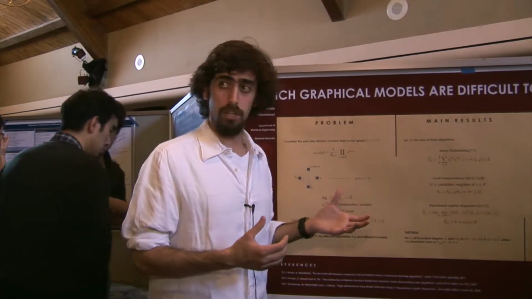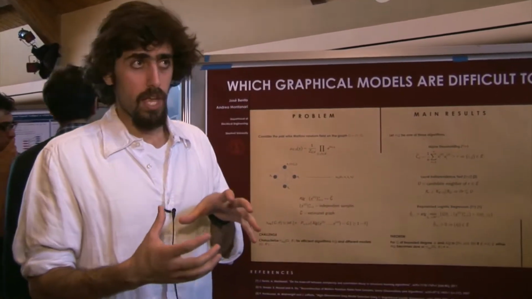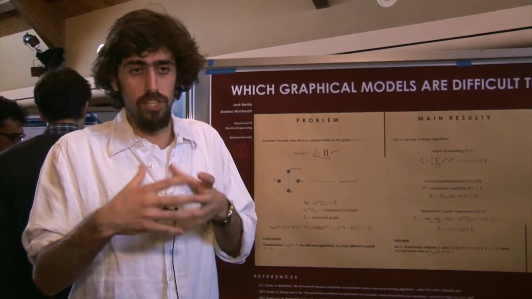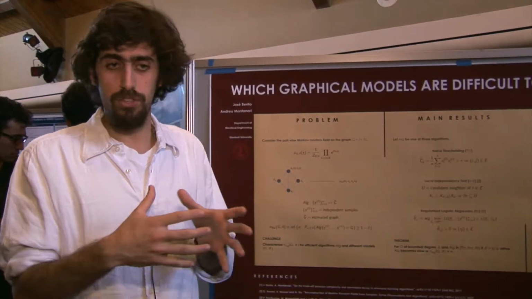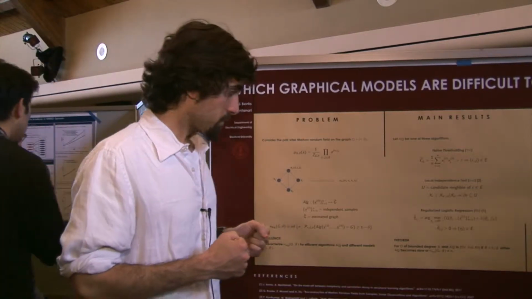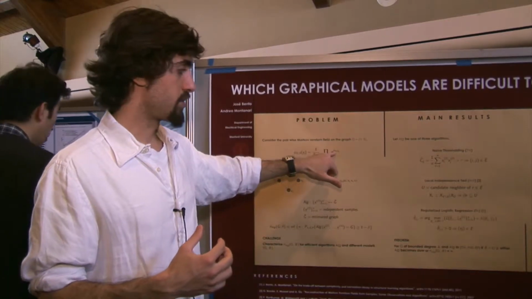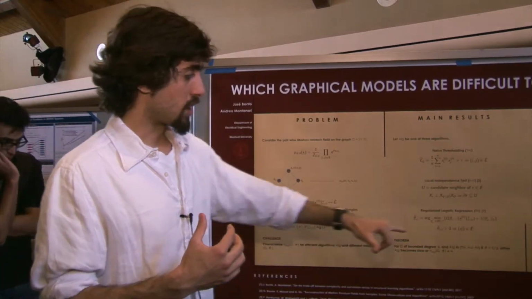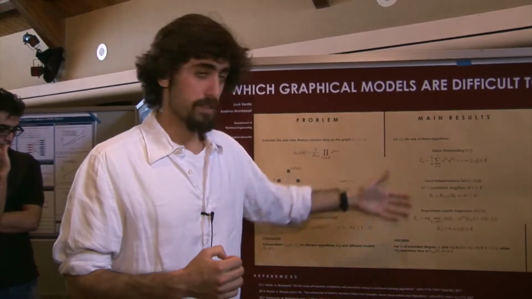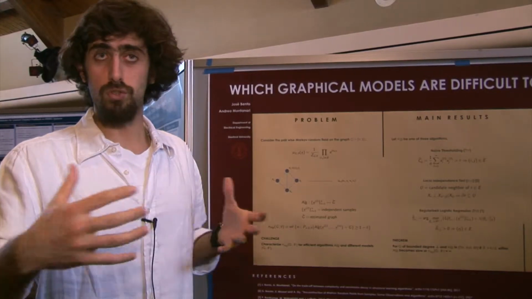So the main contribution of our work was to analyze 3 different kinds of algorithms and show that for all these algorithms there exists a single criterion under which there's successful recovery or not. The condition roughly tells us that if the strength of the edges is greater than a constant over the maximum degree of the graph, then all of these algorithms will either fail or will require a running time that is too large.